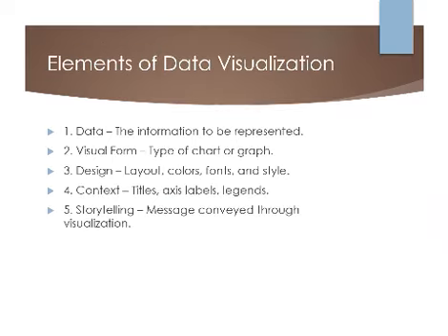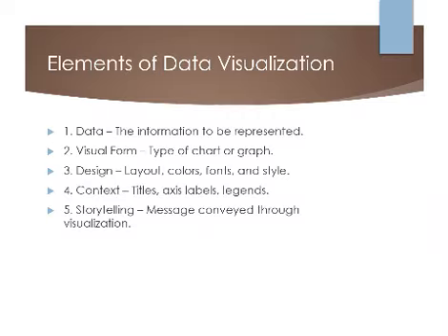So which elements do we use in data visualization, meaning which elements do we use to present data in a graphical way? The first is data, that is the information to be represented in the form of graphs or charts. Second is visual form, which type of chart or graph we use to represent our data.